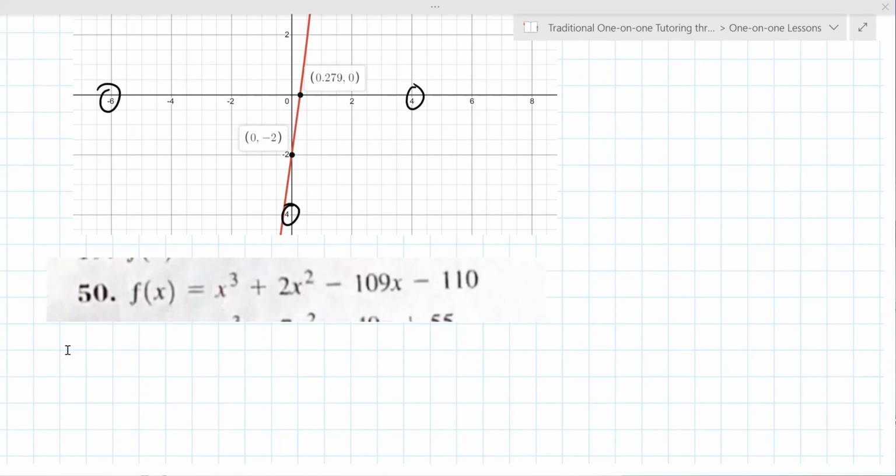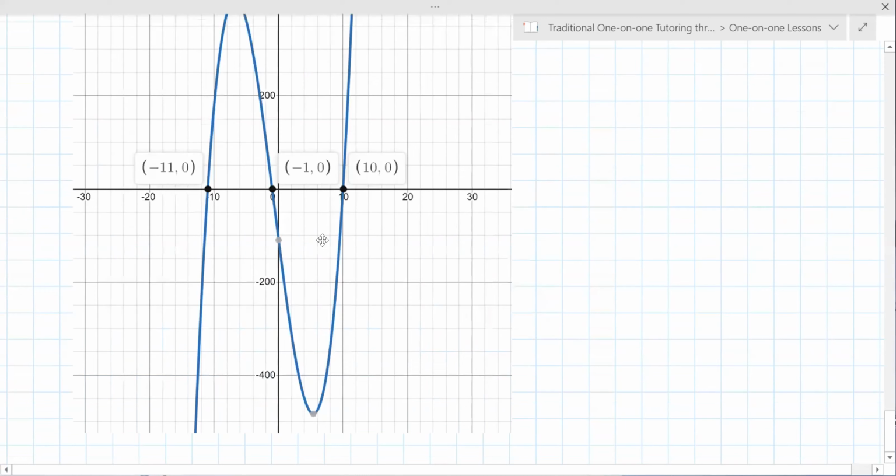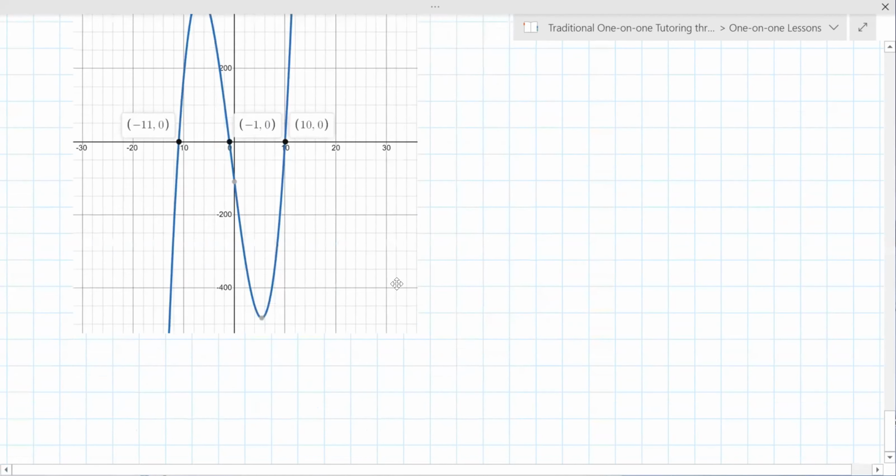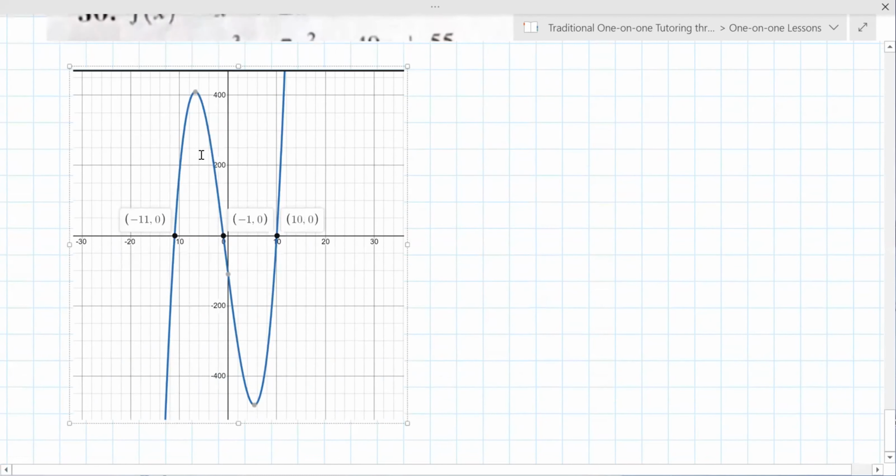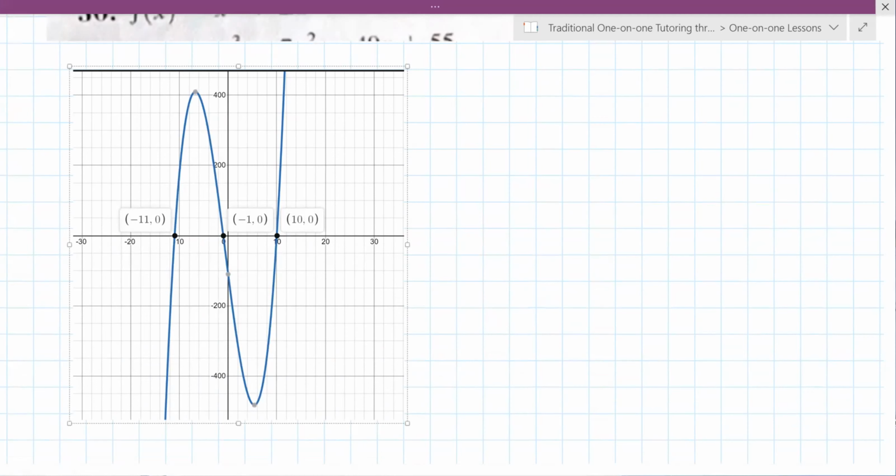You can see you have to get a pretty tall window to get them, but there are three: negative 11, negative 1, and 10. If you had to do it algebraically, you would use synthetic division to confirm that they actually worked.